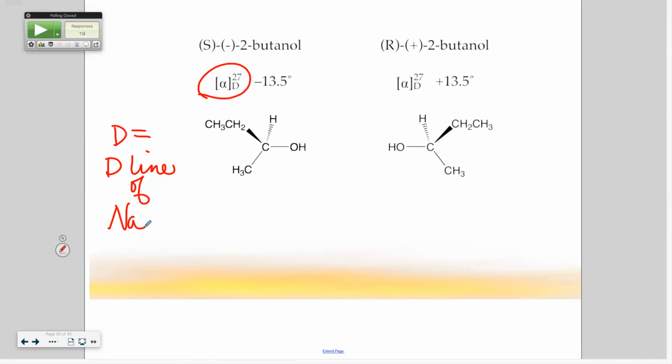You have 50% of it is the S, and 50% of it is the R. Okay, what if you did it and you got plus 10 degrees? What do you think that would tell you? That you've got more of the R than the S. Okay, that's called enantiomeric excess.